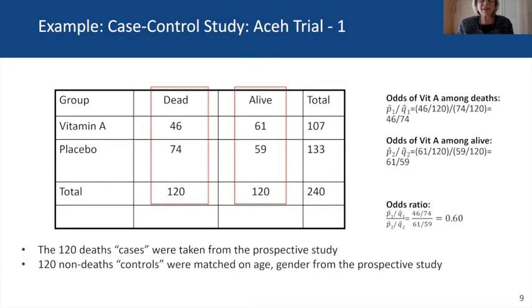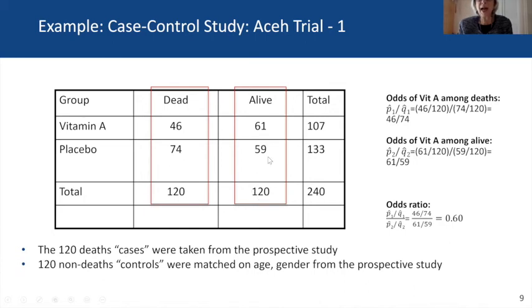So we created a case control study by taking the 120 observed deaths, or cases, from the prospective study. Then we matched children who were alive, based on age and gender, to those cases. So that gave us a case control study in which we have 120 deaths and 120 who were alive.